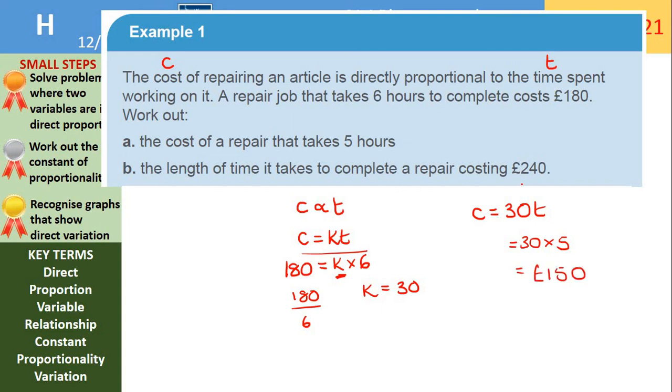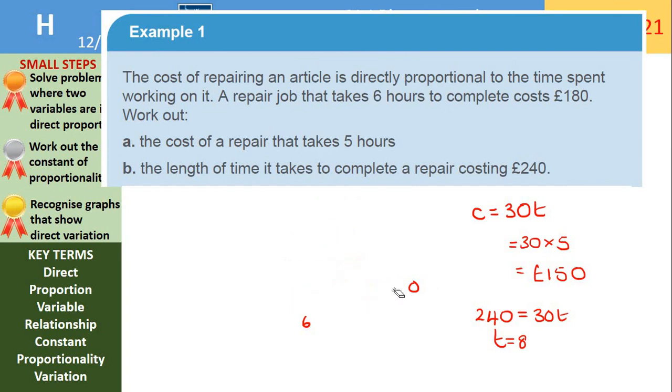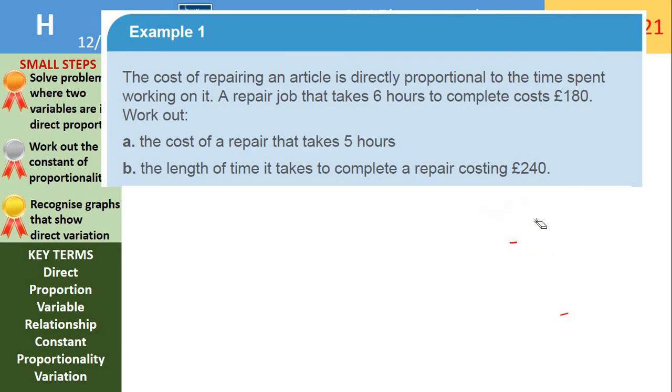The length of time it takes to complete a repair costing 240, so that would be replacing the C with 240. And working out 240 shared by 30, and that gives that the time would be 8 hours. So let's get rid of my working now and just see how they've explained it here.